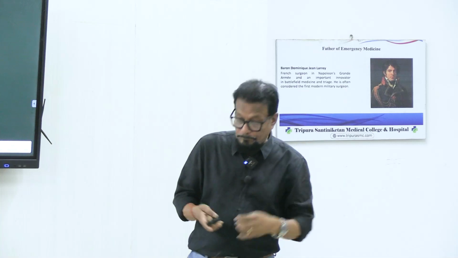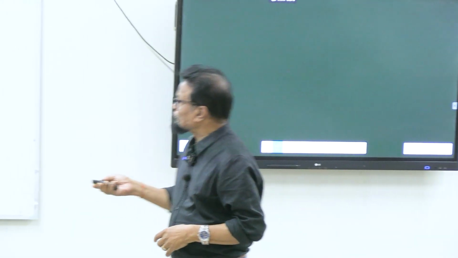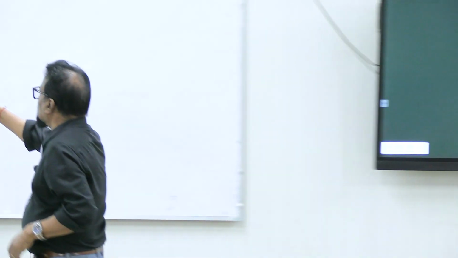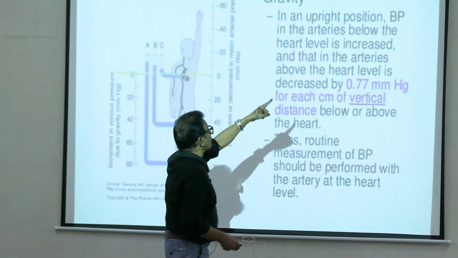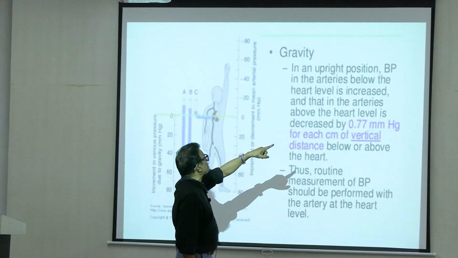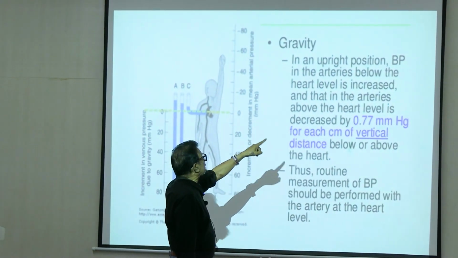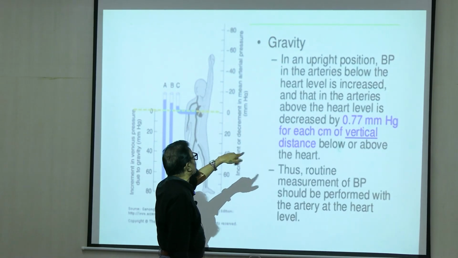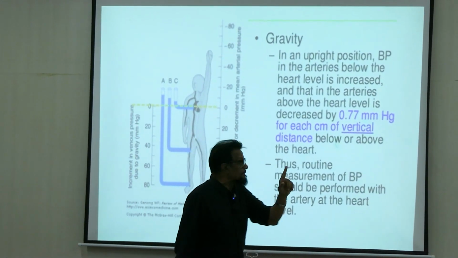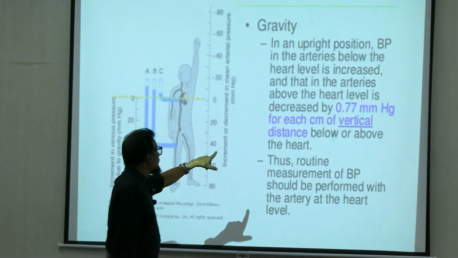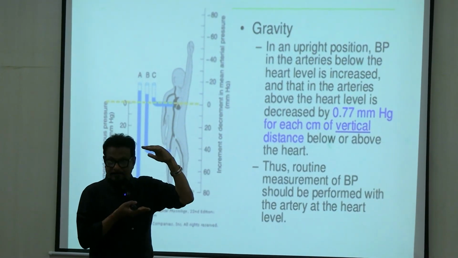So this is the effect of gravity. In an upright position, BP in the arteries below the heart level is increased, and that in the arteries above the heart level is decreased, by 0.77 millimeter of mercury for each centimeter of vertical distance from the level of the heart.